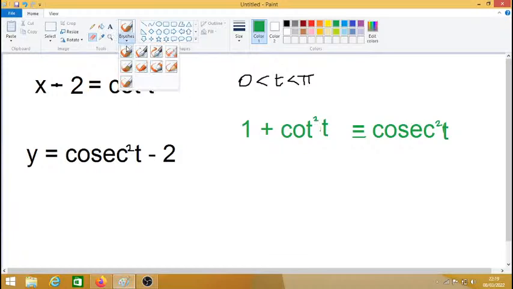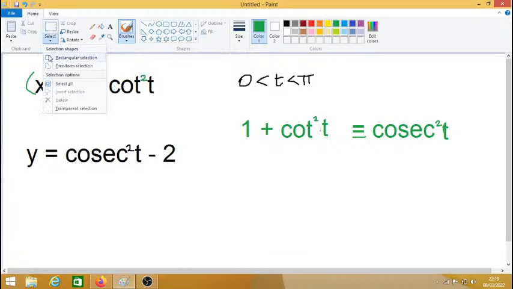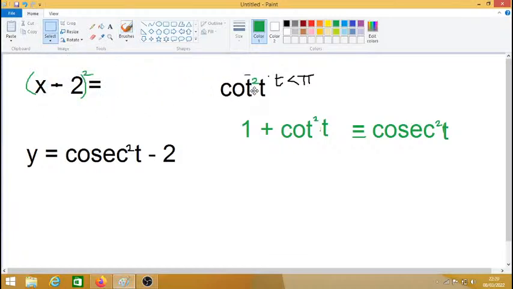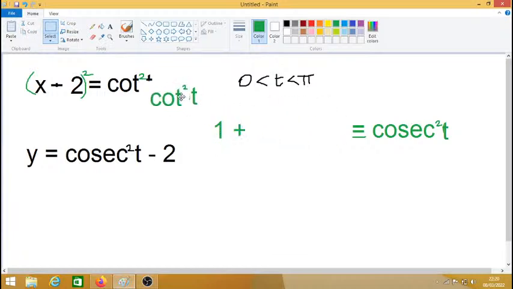So let's square both sides, and that becomes x minus 2 squared is equal to the cotangent of t squared. So that's fantastic because that means that I've got a match here. This matches that part of the identity. So if I make a bit of space, I can then take this and swap it for the x minus 2 squared.